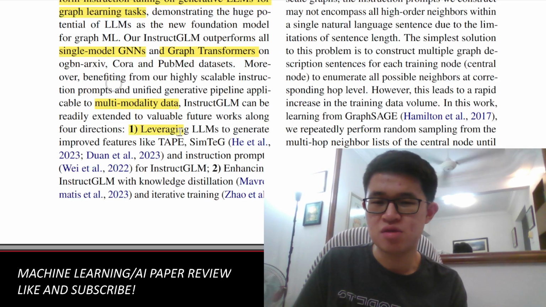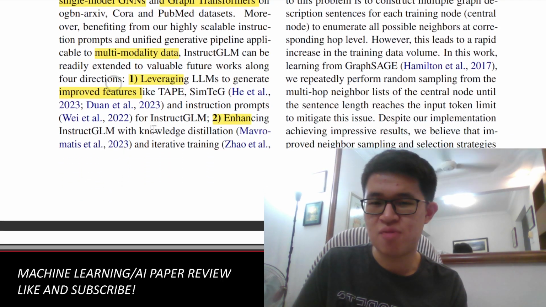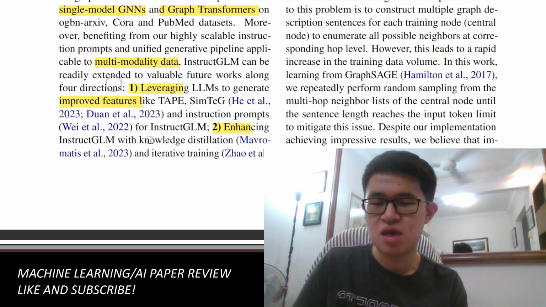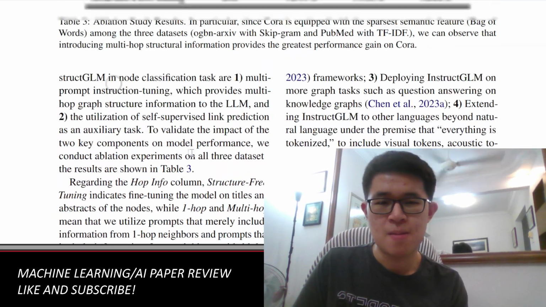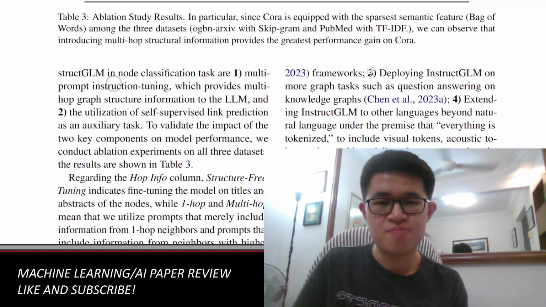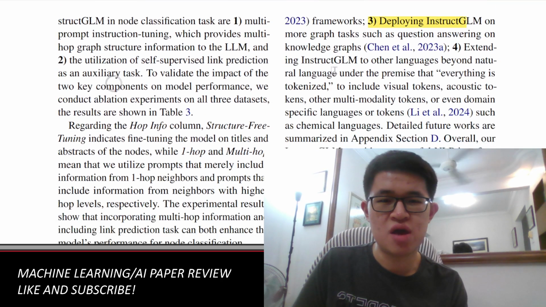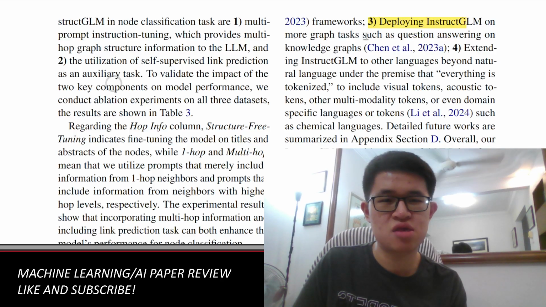Number 1, using LLMs to generate improved features like TAPE, SimTeG, and instruction prompts for InstructGLM. Number 2, enhancing InstructGLM with knowledge distillation and iterative training. Number 3, deploying InstructGLM on more graph tasks such as Q&A.